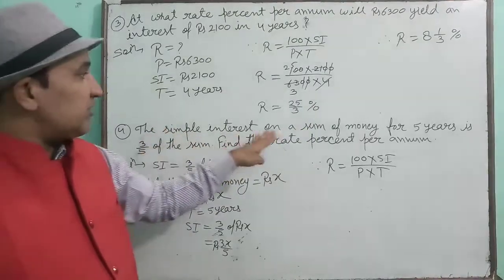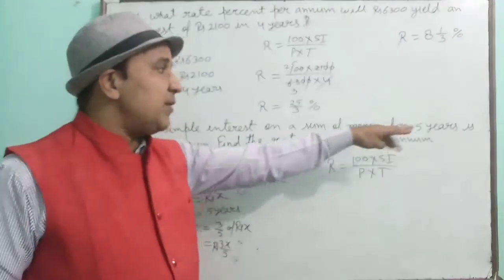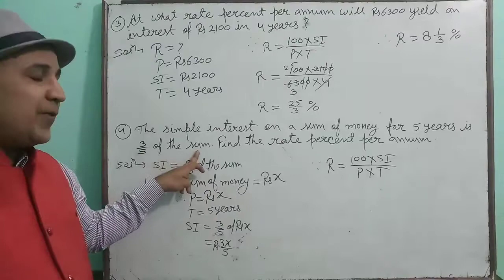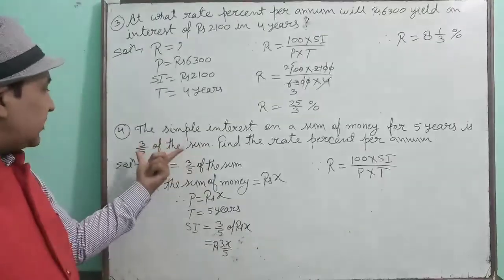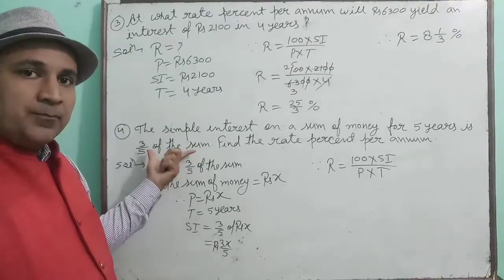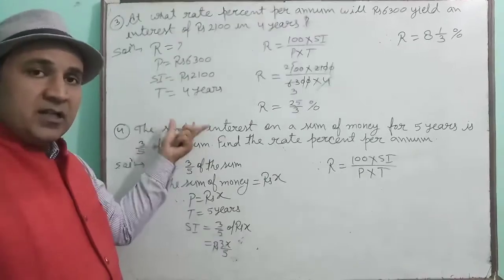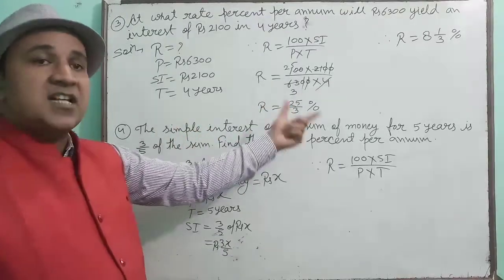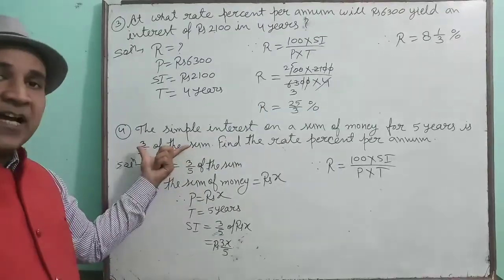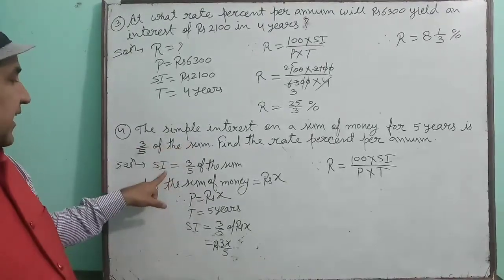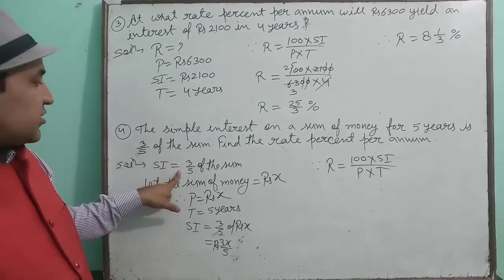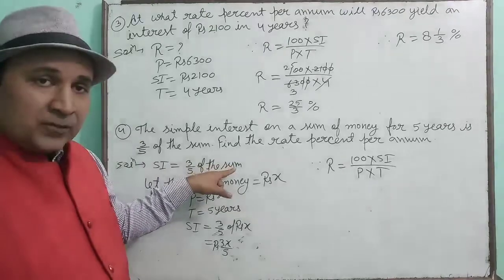Simple interest on a sum of money for 5 years is 3 by 5 of the sum. This is the simple interest.